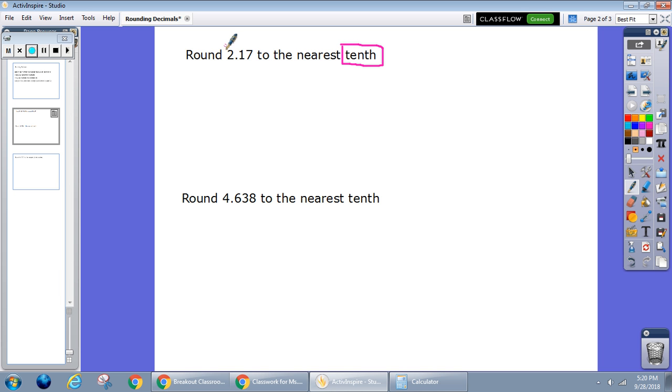So I'm going to box in the tenths place. This right here is going to be my first benchmark number, 2 1/10. So what would be on the other side? 2 2/10.